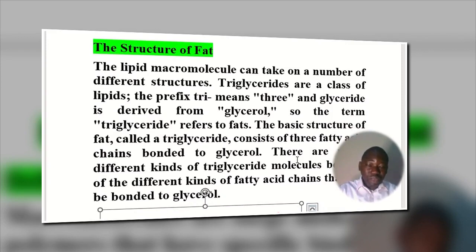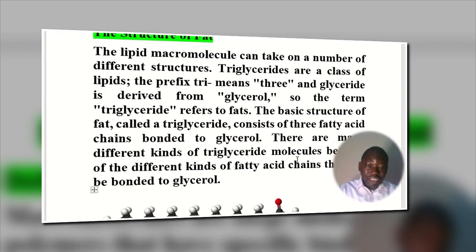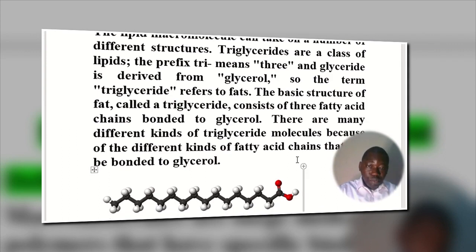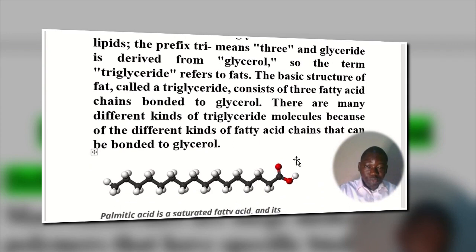Triglycerides are a class of lipids. The prefix tri means three, and glyceride is derived from glycerol, so the term triglyceride refers to fats. The basic structure of fat, called a triglyceride, consists of 3 fatty acid chains bonded to glycerol.